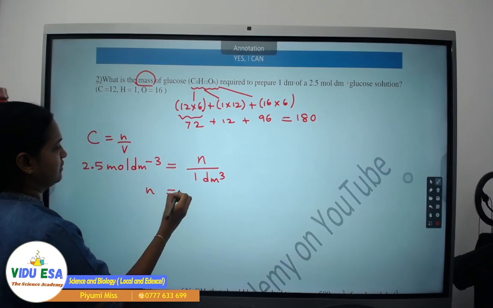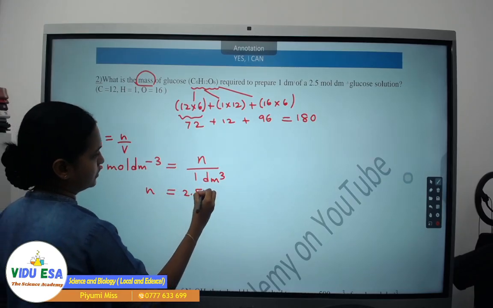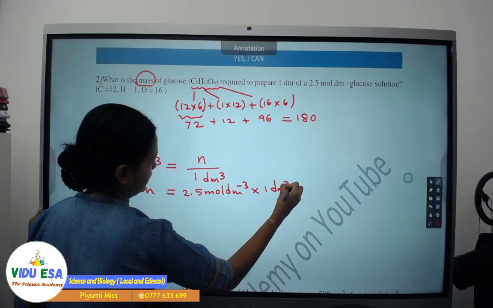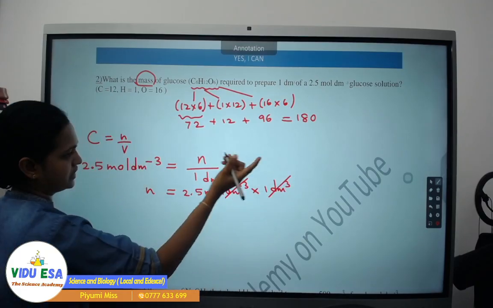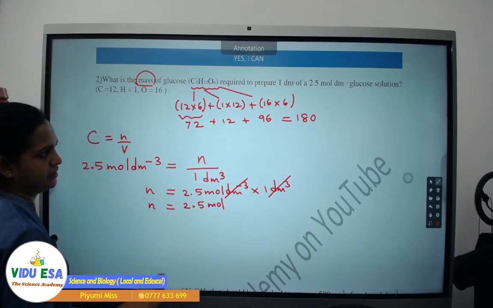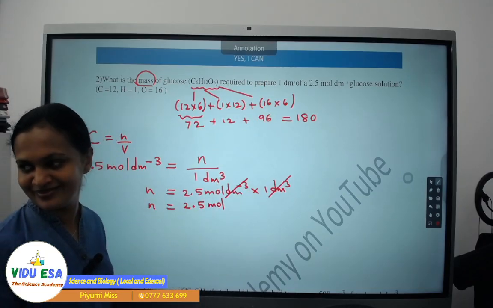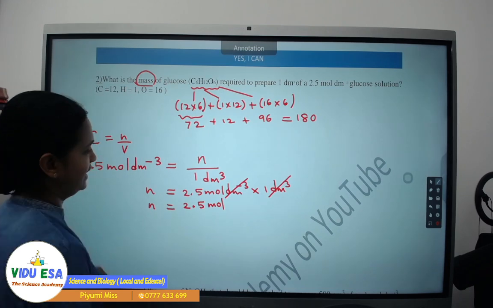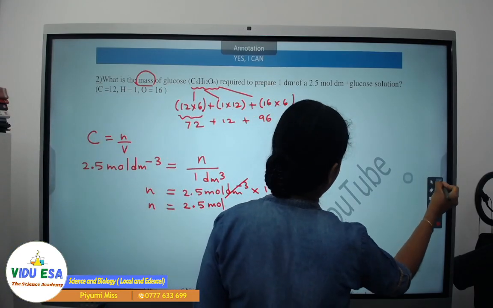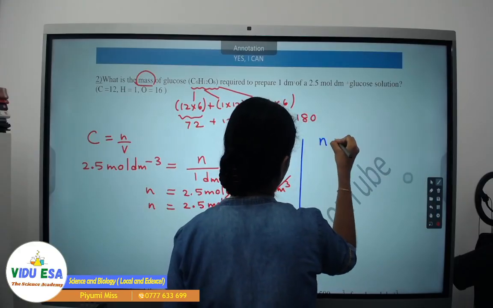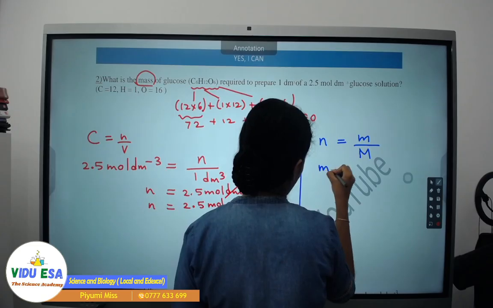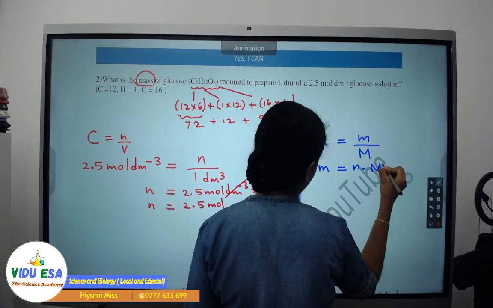So number of moles equals 2.5 moles per cubic decimeter into 1 cubic decimeter. I write it like this to show the units. Therefore, the number of moles equals 2.5. You get 2 marks for this. Then you know another equation to convert the number of moles into a mass: the number of moles equals mass divided by the molar mass. Now you are asked about the mass. Mass equals number of moles multiplied by the molar mass.